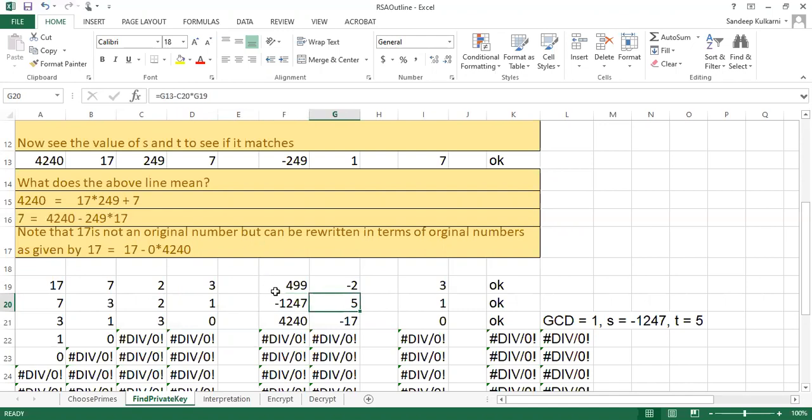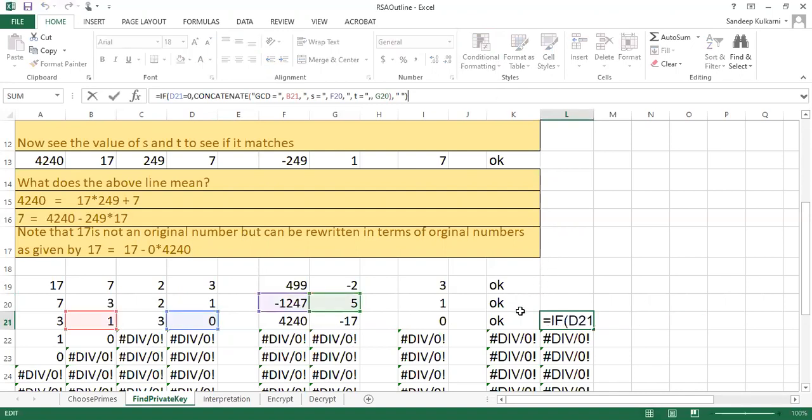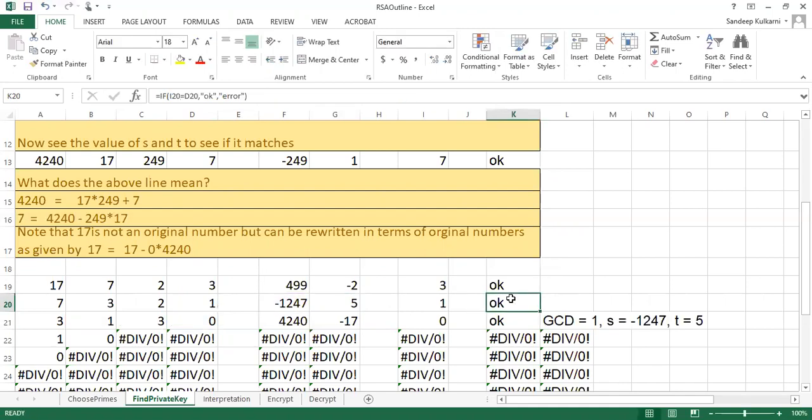So that means I can write 1 as 17 times minus 1247 plus 4240 times 5. So this is where we are going to find the value of the GCD, and the Bezout coefficient that we need for the private key.